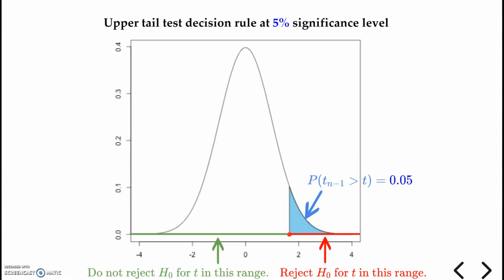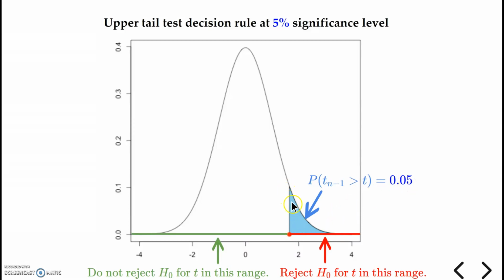What this shows us is an upper tail test decision rule at the 5% significance level for a t n minus 1 distribution. The blue area here is the alpha level, the probability, which is 0.05.